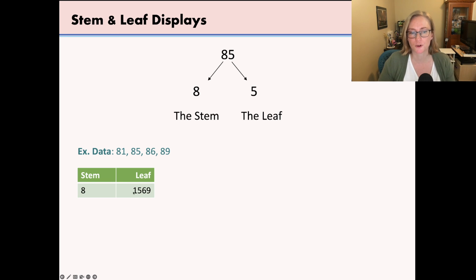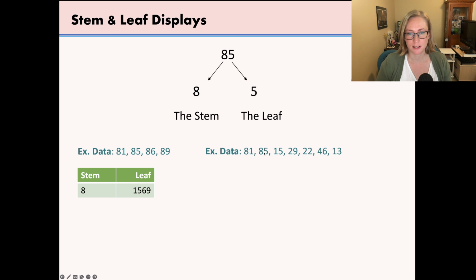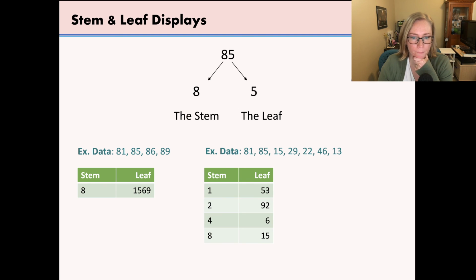And typically we also sort them, so the leaves are sorted from smallest to largest. If we have not just 80s, but we also have teens and 20s and 40s, what does this mean for the stem? We're going to have 4 different stems now.